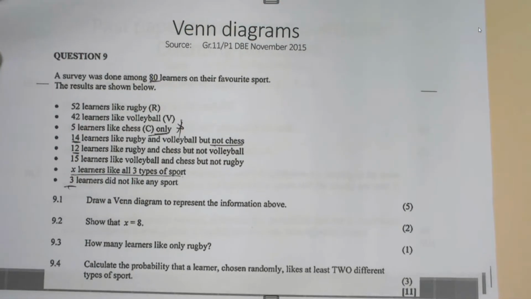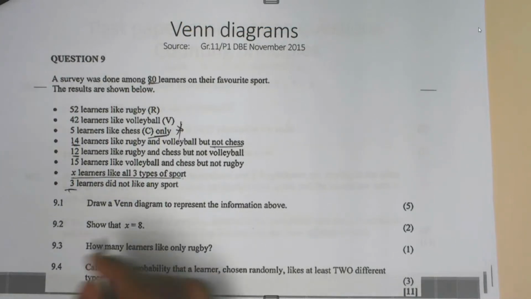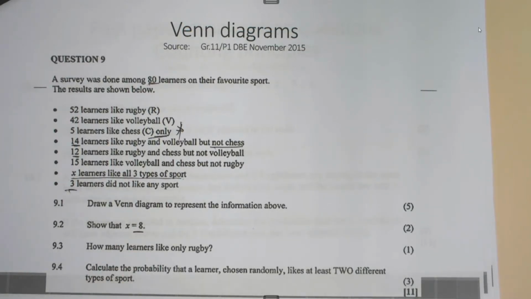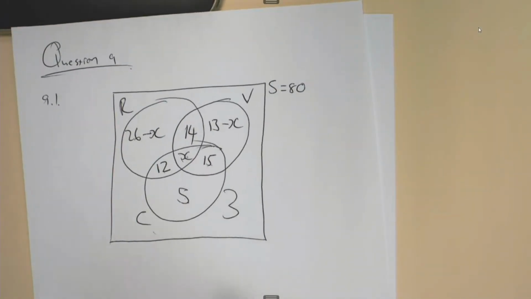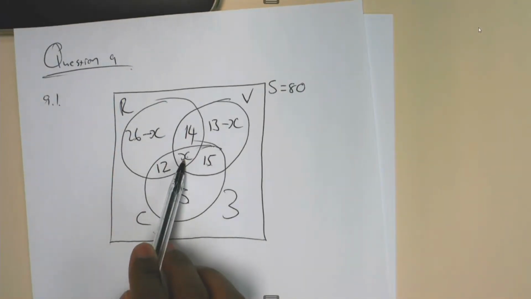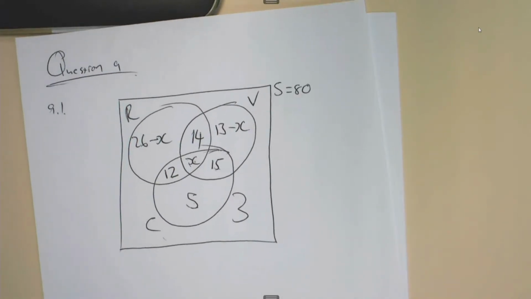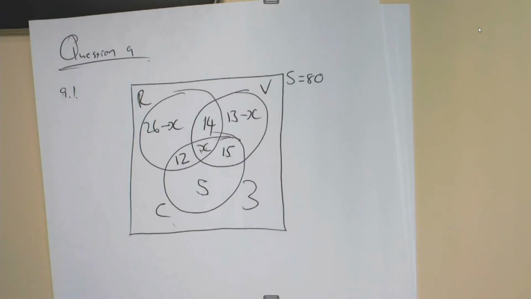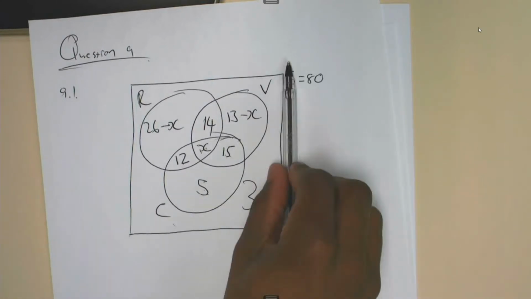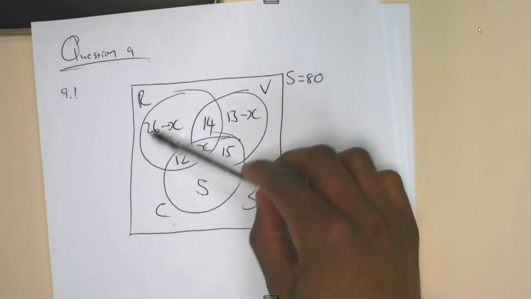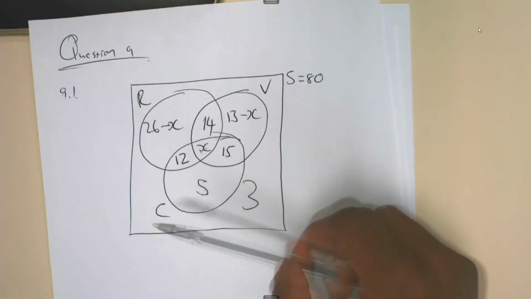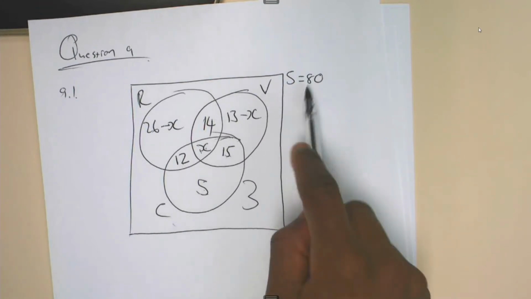Now, let's look at the next question. 9.2 says show that x equals 8. So in other words, we need to solve for the value of x, which is the learners that like all 3 sports. So how are we going to solve that? Remember, when you construct your Venn diagram, every single value inside your Venn diagram should add up to your sample space.